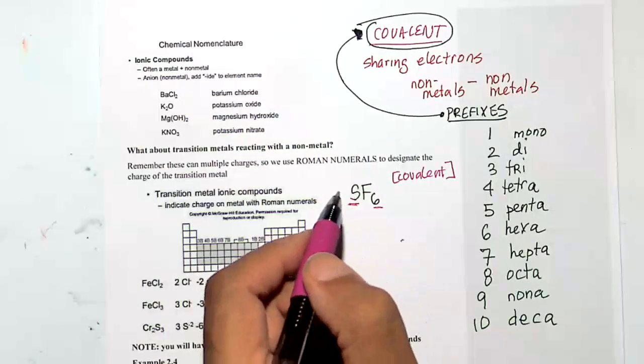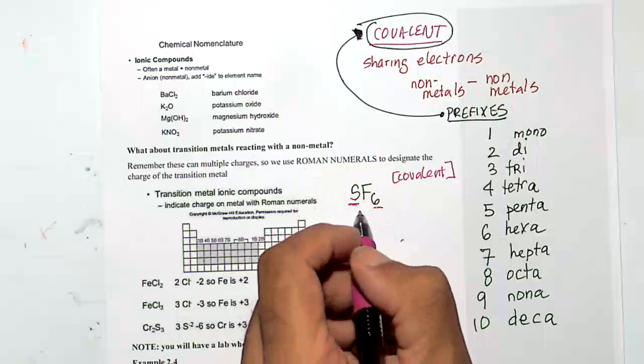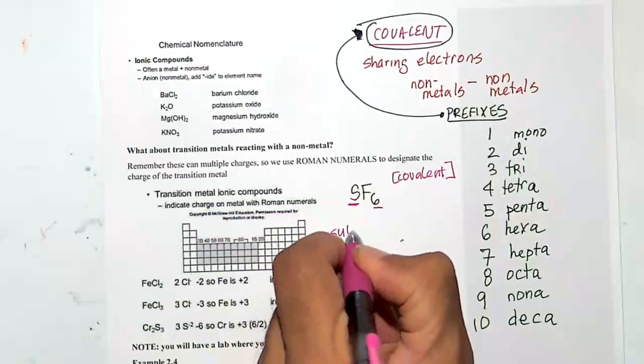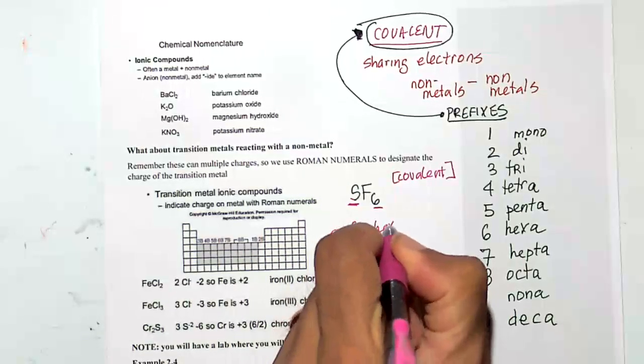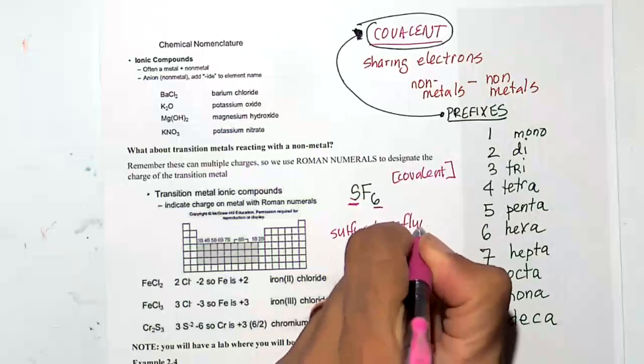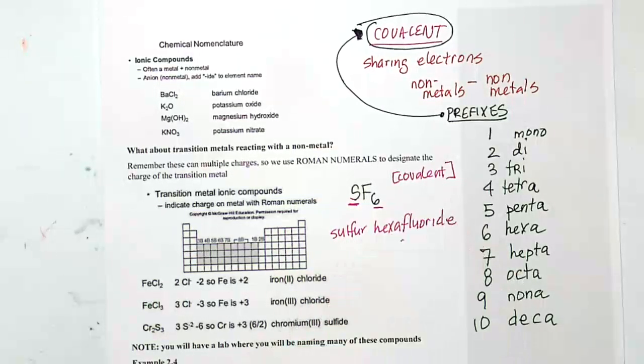We don't use mono here, but we'll just go with sulfur. Hexafluorine, no. Hexafluoride, right? So on the exam, make sure you know ionic versus covalent, and make sure you know your prefixes.